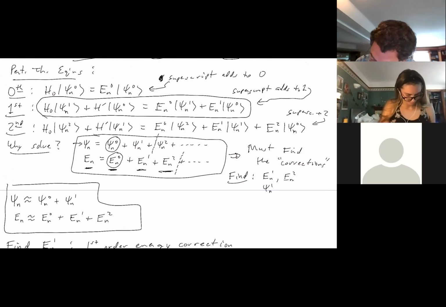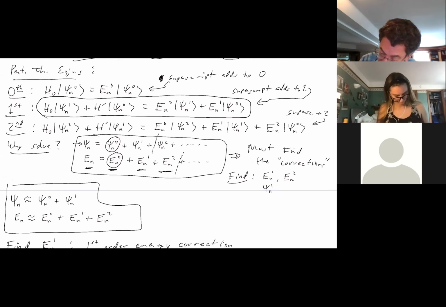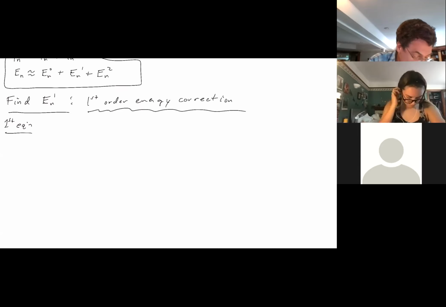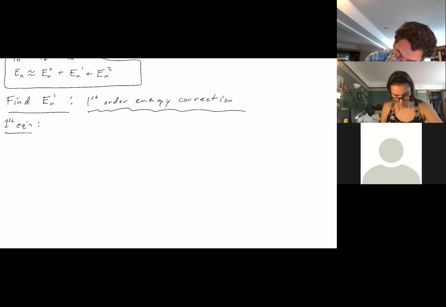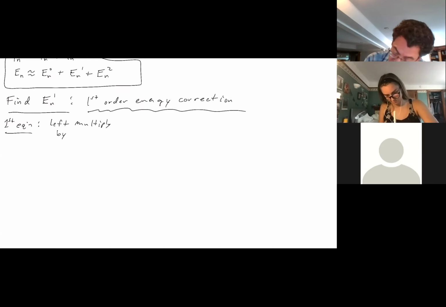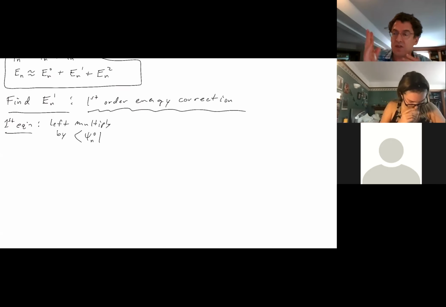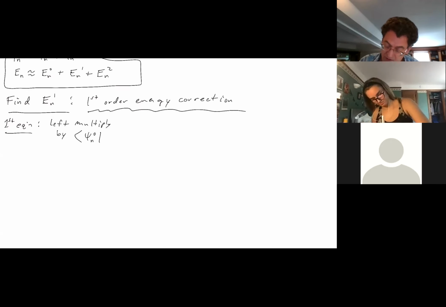And so we'll take that equation, which is the first order equation, and what I'm going to do is left multiply that equation by a bra. Boom, this one. I'm going to pick this bra, psi n naught, and multiply that equation by this bra. And I can always do that, because if you do the same thing to both sides of an equation, that's allowed. So let's left multiply the first order equation by this bra.